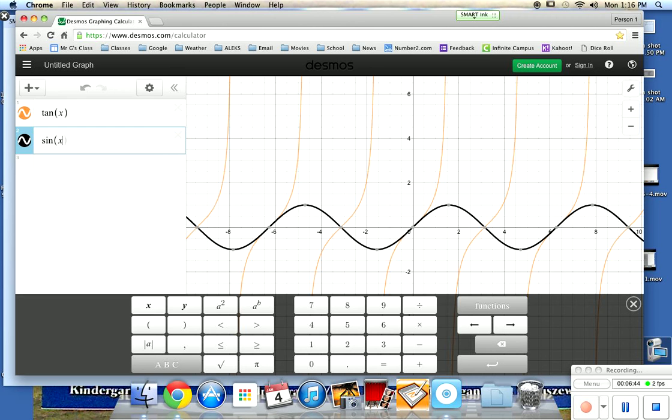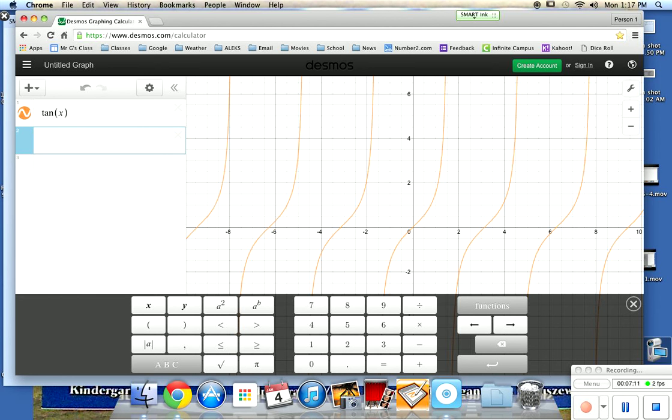Tangent of 270 is undefined. All right? So you can look at this and say, okay, my tangent is between 90 and 270, that 180 degrees in here. That's a 180 degree shift, and you know it's going to have this type of shape.